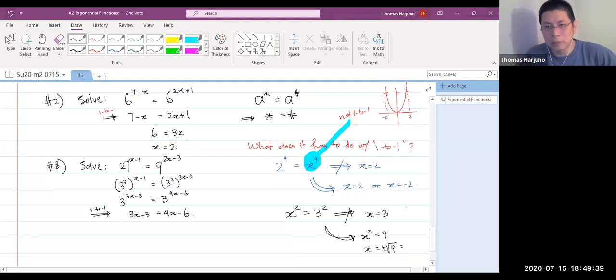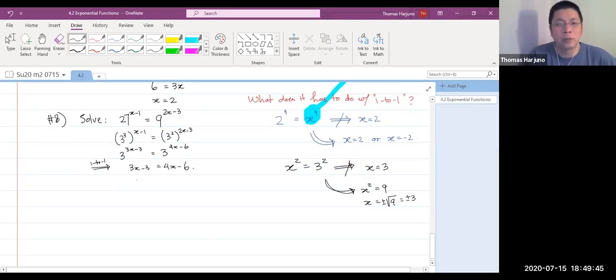So x is plus minus 3. There are two solutions there. And from here, if I solve that, negative 3 plus 6 equals 4x minus 3x. So 3 equals x.